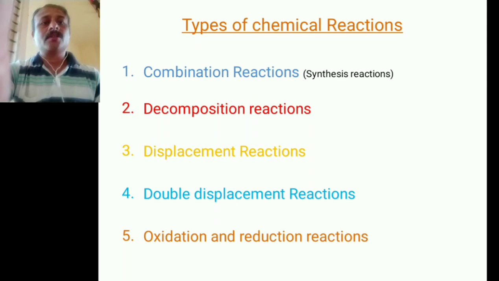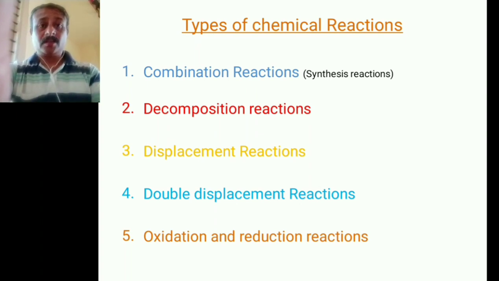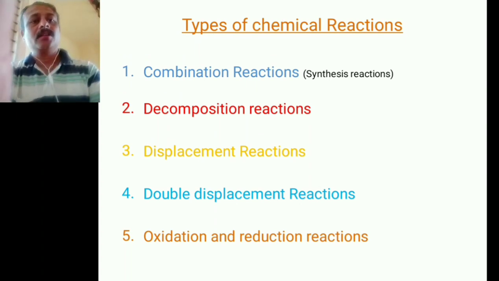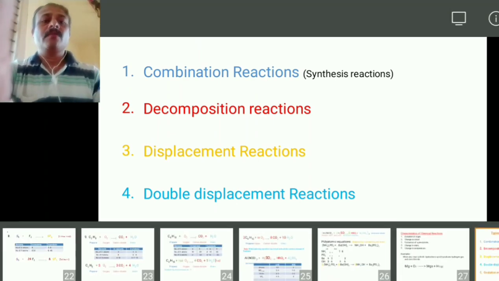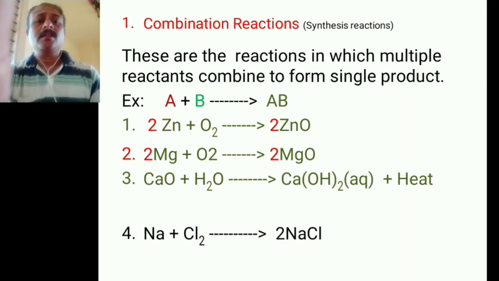Now we are going to discuss one by one what combination reactions are, with examples. Like this, for every type of chemical reaction, we are going to see the examples. Okay, first one is the combination reaction, also called synthesis reaction. Why is it called combination or synthesis? Synthesis means a new product is forming.